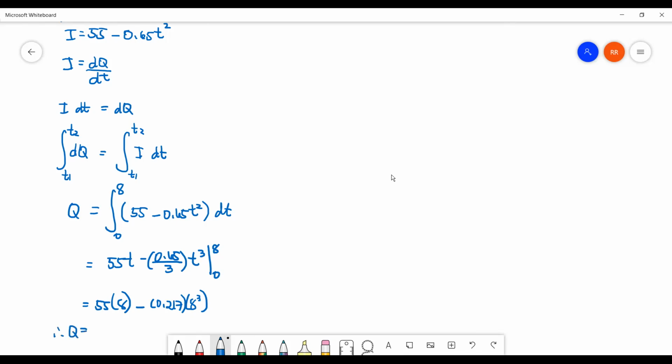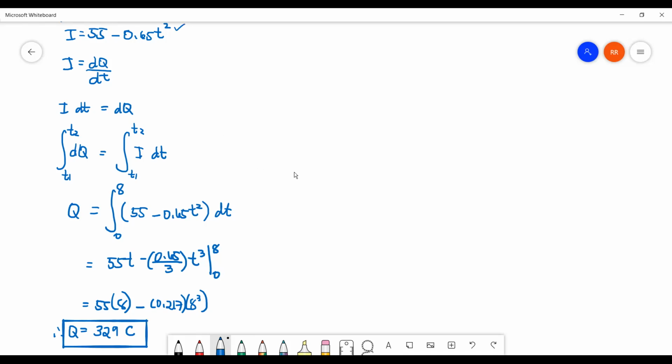Therefore, with a span of 8 seconds, there is a total of 329 coulombs. This is a big charge already, no? Because 55 amperes is already a very huge current. So the increase is not linear, ha? It's quadratic kasi. Okay, so that's the total charge.